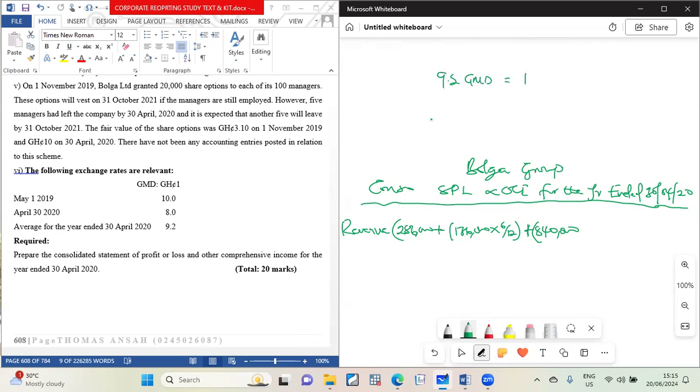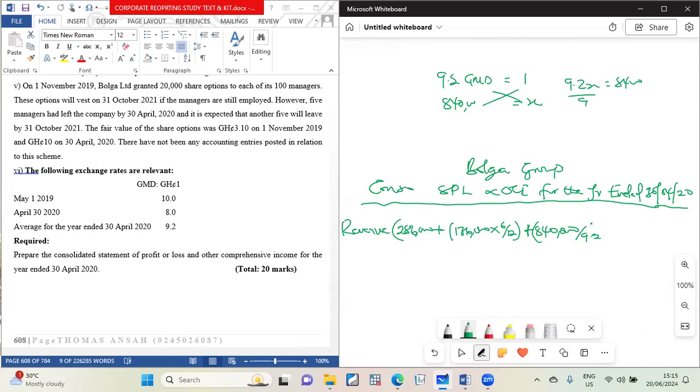Now in that case, what will our 840 GMD be? We don't know. So what we will be doing is a division. So this one will be 9.2x is equal to 840. If I want x, everything we are going to be doing, we are going to be dividing. So right now, you know that you have to be dividing the figure. So here will be divided by 9.2. So basically that is that.